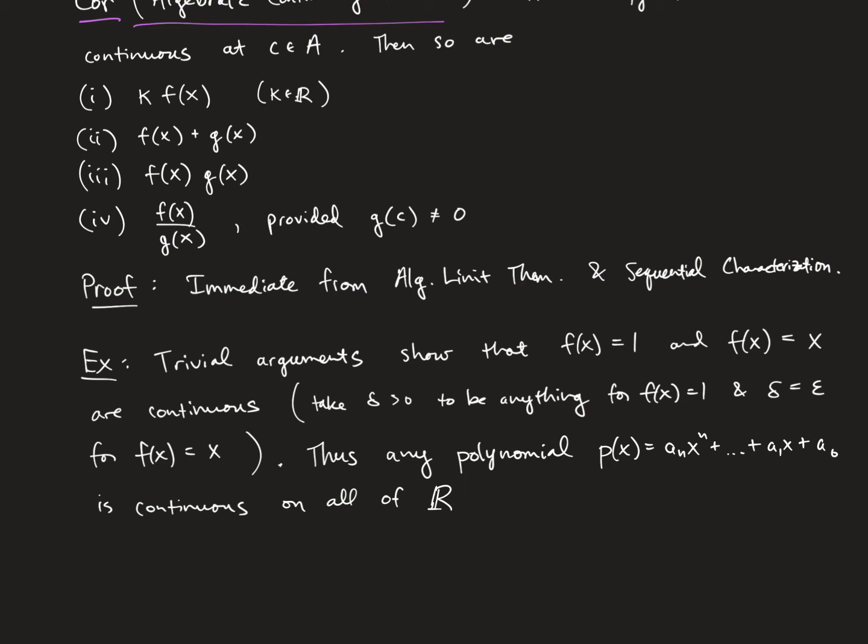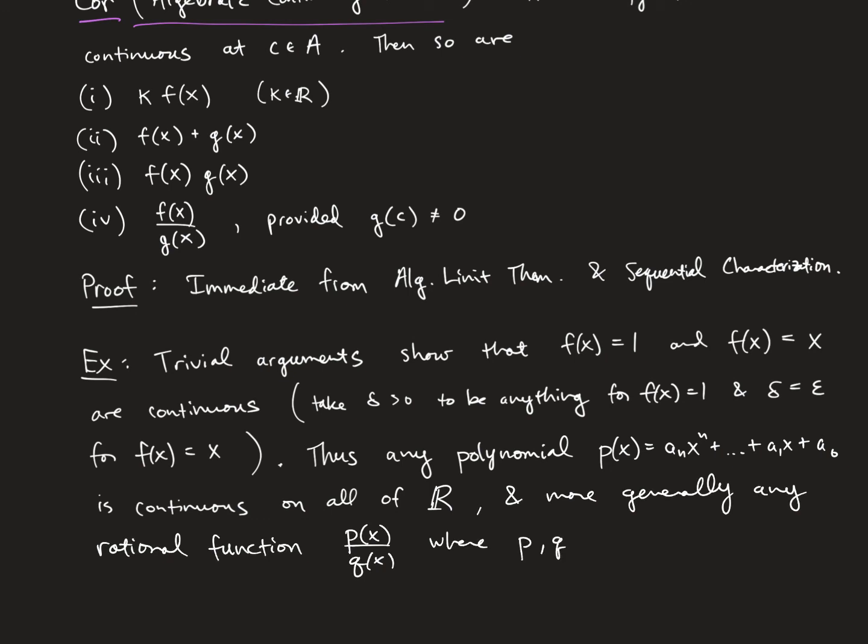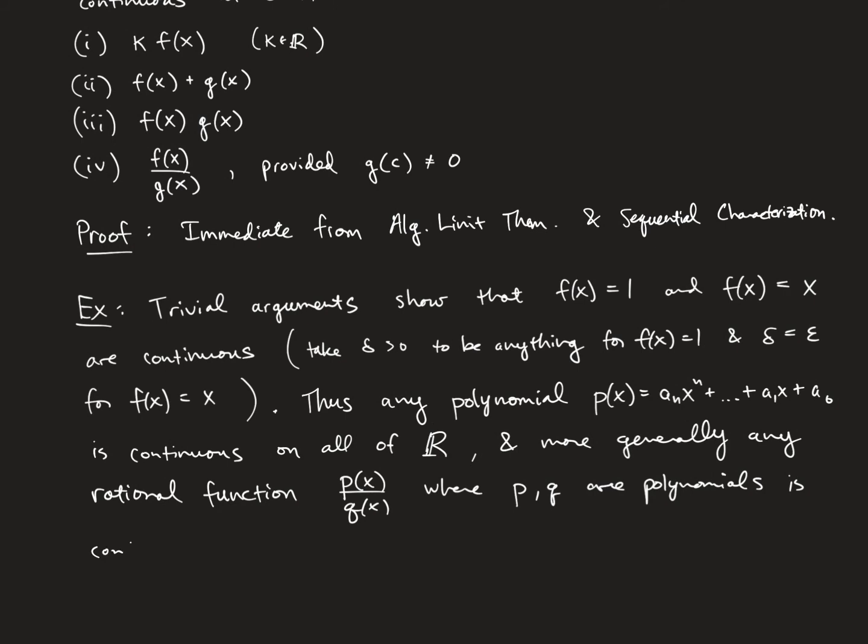Any polynomial like that is continuous on all of R, and more generally, any rational function p of x over q of x, where p and q are polynomials, is continuous wherever q of x is not equal to 0.